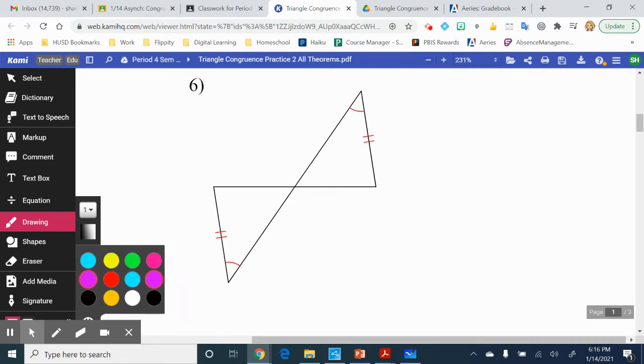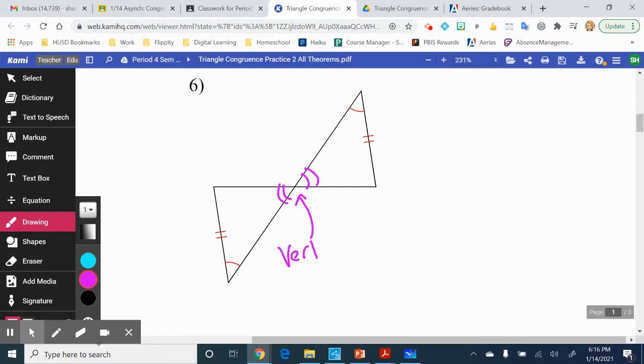And so I know that this angle is congruent to this angle. Remember, those were called vertical angles. And so now we can kind of look and see. All right, so we have a side, angle, angle, or they usually write it angle, angle, side.